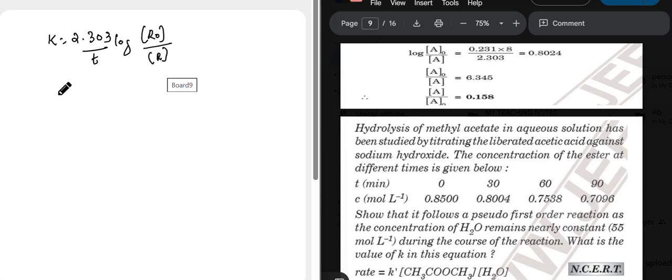Now when you are applying, you remember the first problem we did, in the same way we have to find out the different values for K. So here I'm taking 30 minutes.